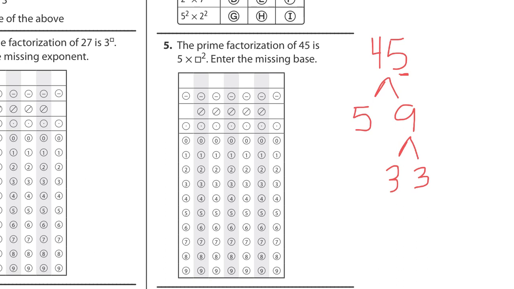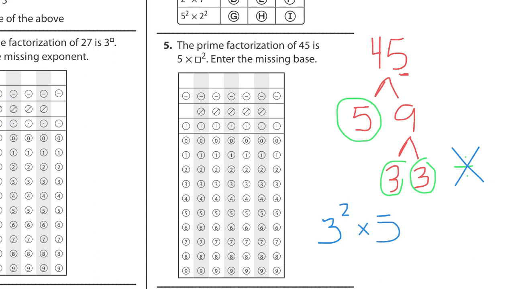Now we know that these are our prime numbers, 5, 3, and 3, because we cannot continue dividing. So we have to put 3 to the second power times 5.